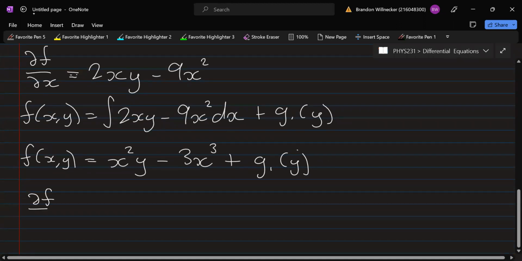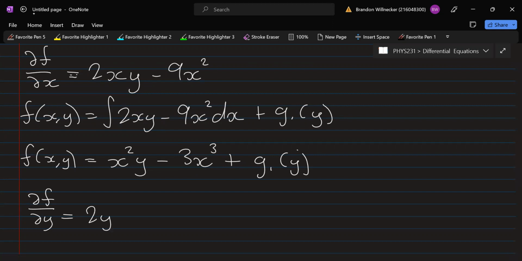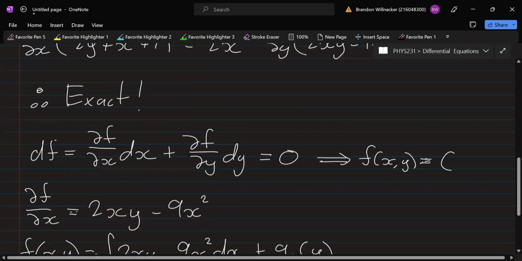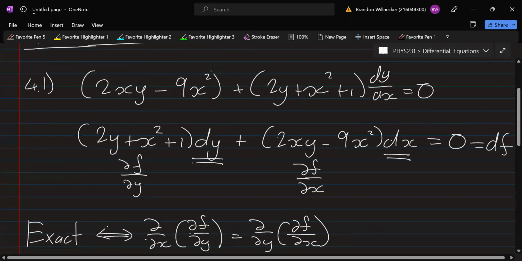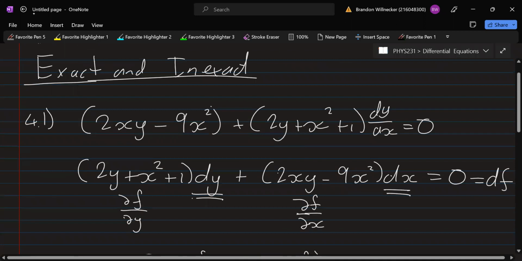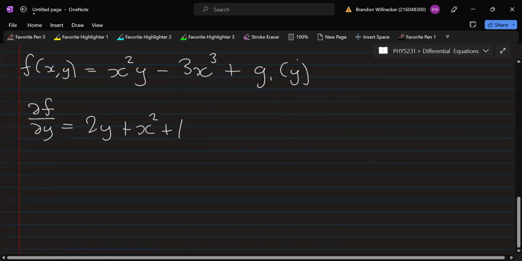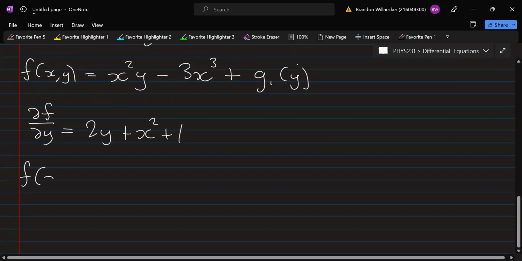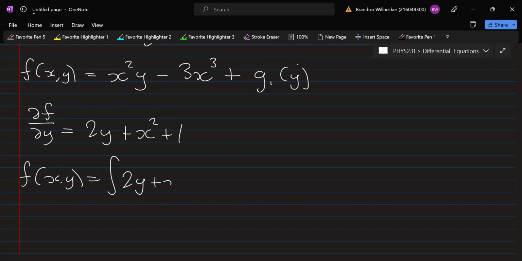So we have df by dy is equal to 2y plus x squared plus 1, that was this y term in front. So we integrate with respect to y. So f of xy is equal to the integral of 2y plus x squared plus 1 dy plus some other function, but now with respect to x, for the same reason as before.